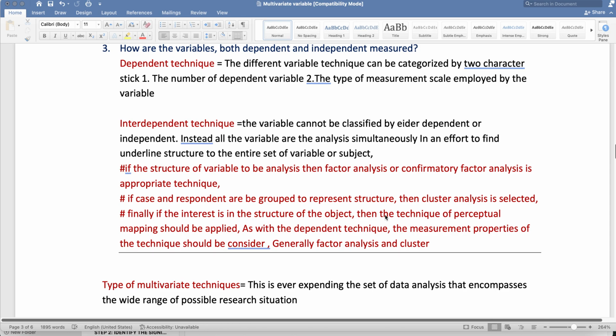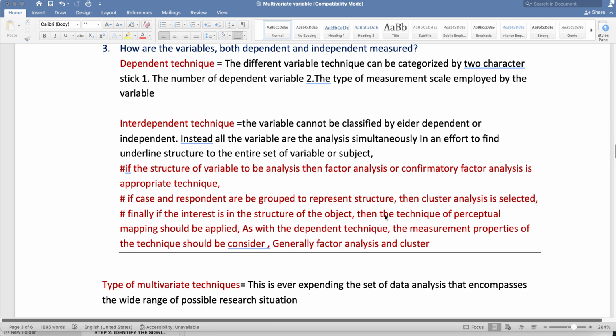If cases and respondents are to be grouped to represent structure, cluster analysis is selected. Finally, if the interest is the structure of objects, then the technique of perceptual mapping should be applied. As with the dependent techniques, the measurement properties of the technique should be considered, generally factor analysis and cluster analysis.